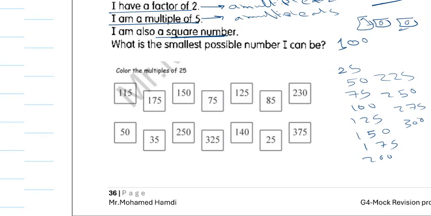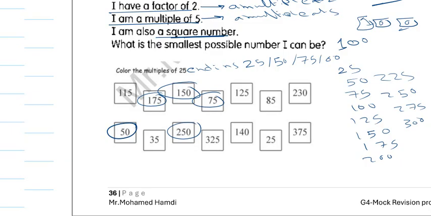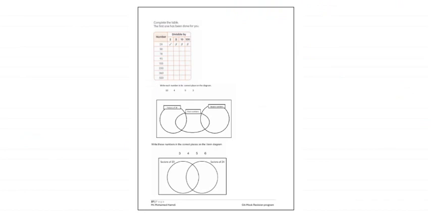All multiples of 25 end with 25, 50, 75 or two zeros. Let's check. You will find that 50, 250, 150, 175, 75, 325, 125 and 25 are multiples of 25 and so on.